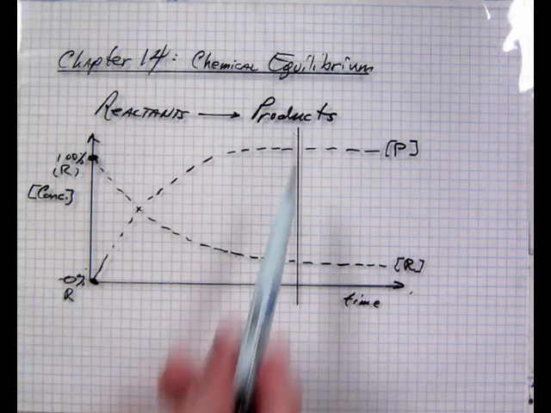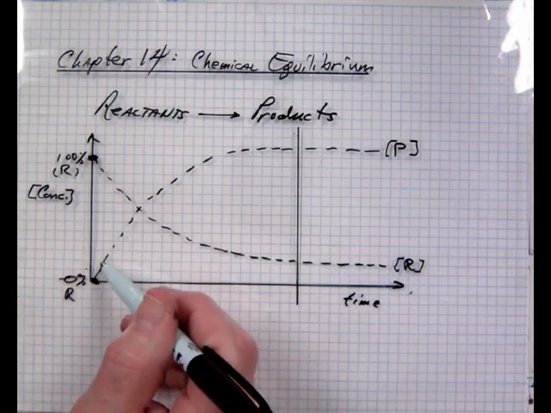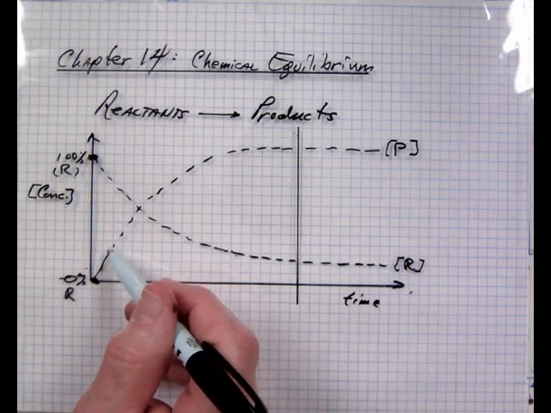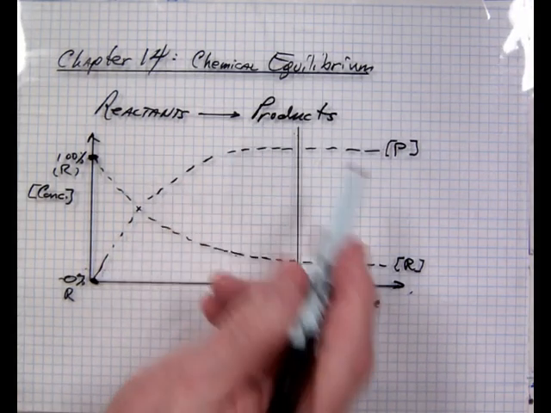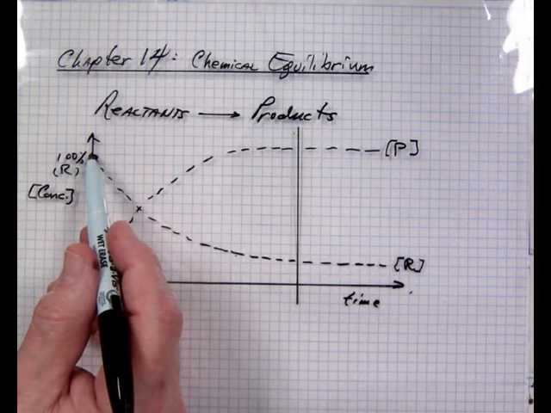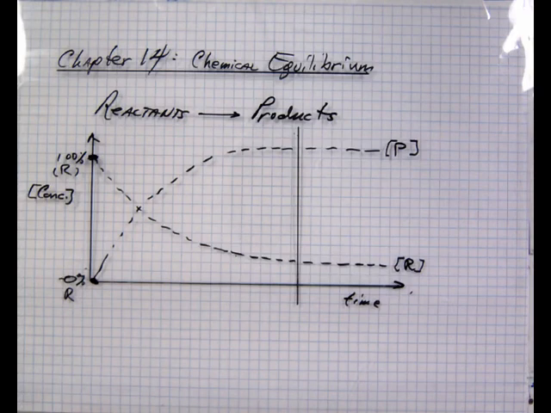So we'll choose this line for the moment and say that the slope of a tangent to any point in the line producing products, or a tangent to the line producing reactants, we find a non-zero slope.